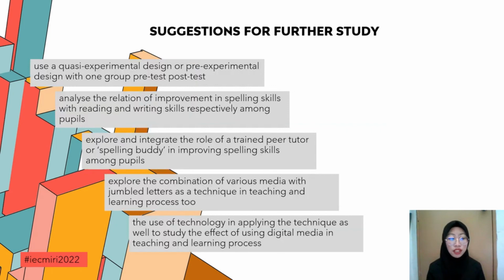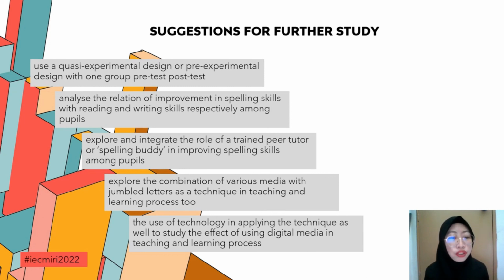In the future, I would like to use a quasi-experimental design or pre-experimental design with one group pre-test, post-test. Future possible study can be conducted to analyze the relation of improvement in spelling skills with reading and writing skills respectively among pupils too.